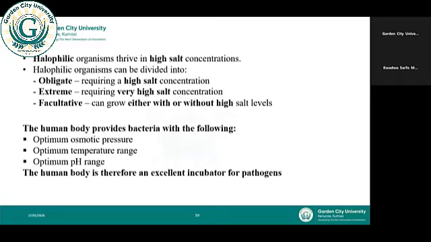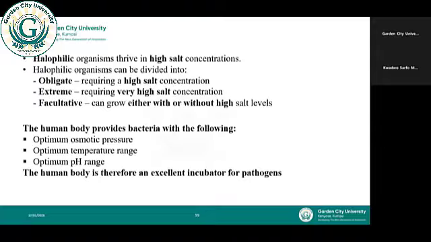Facultative, they can grow with or without high salt concentration. They can switch between the levels. So they can live in seawater, they can also live in fresh water. They can live in the human body also, where you have low salt concentration in the blood.